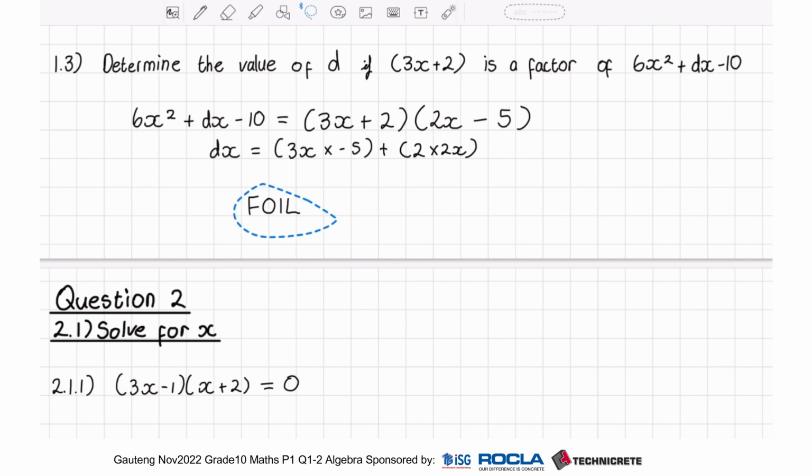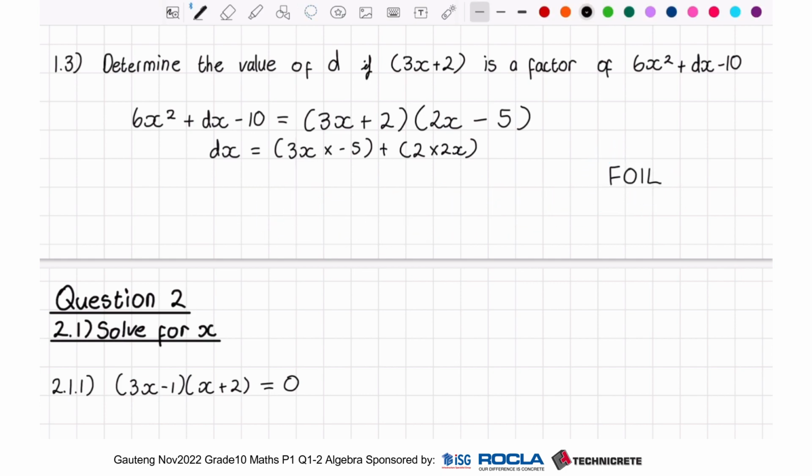And I can simplify these. So this is going to be negative 15x plus 4x is equal to negative 11x. So if dx is equal to negative 11x, then that must mean that d is equal to negative 11.